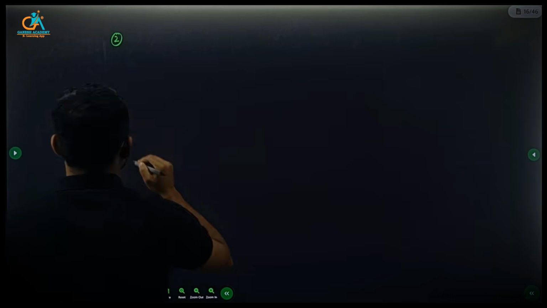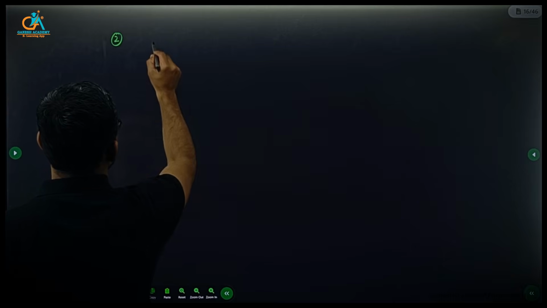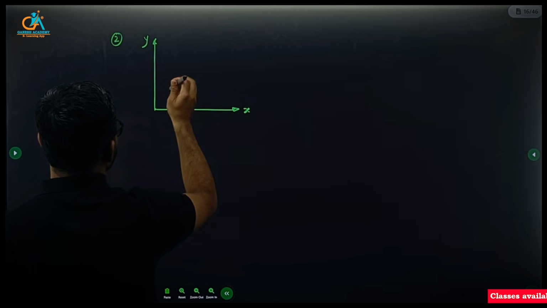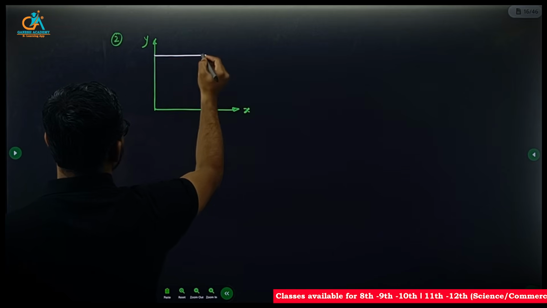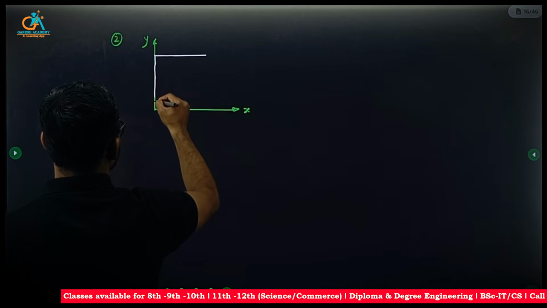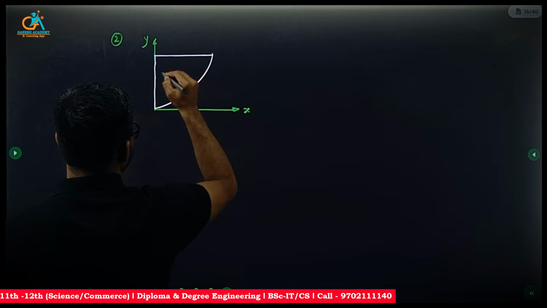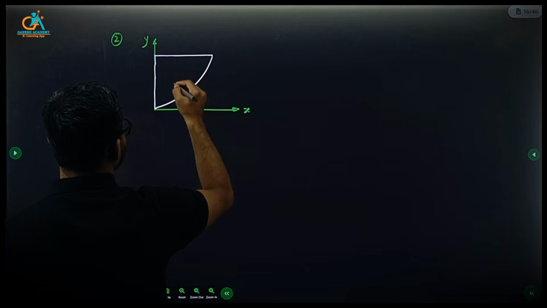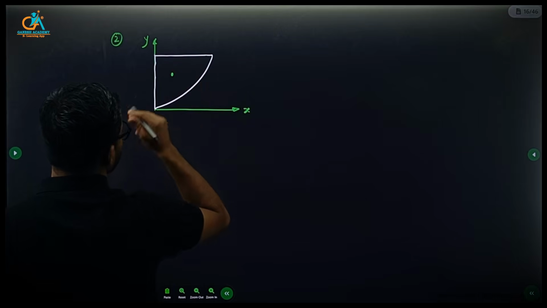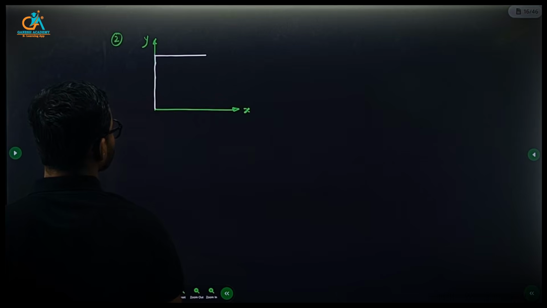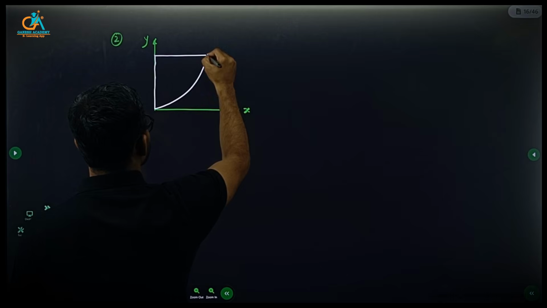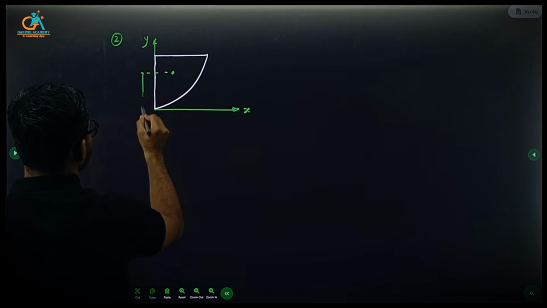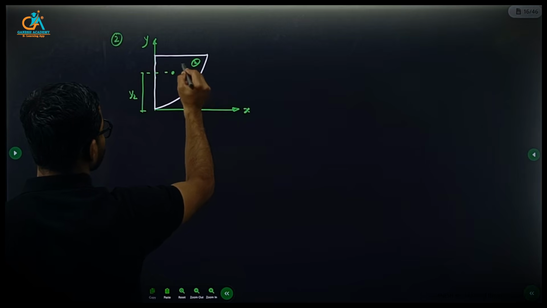Second figure. X and Y, right, this is your quarter circle, and the centroid is somewhere here. ओके, ये डिस्टेंस क्या होगा y2, जिसको हमने सेकेंड नाम दिया, राइट?